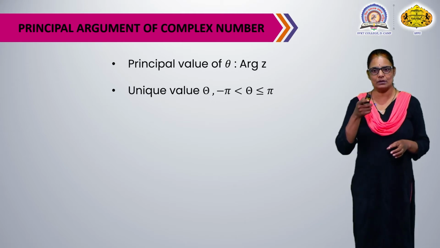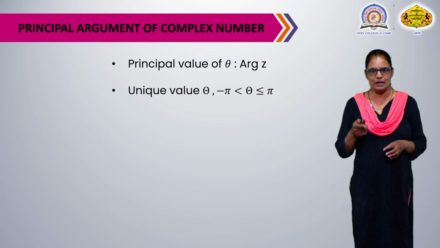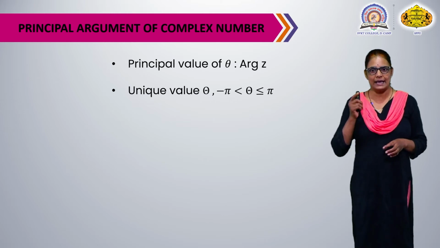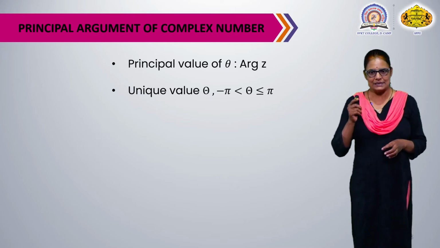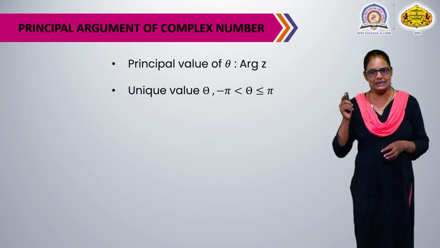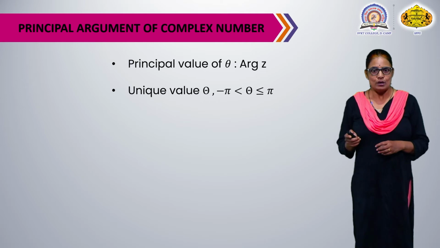This capital Theta is called the principal value of the argument, denoted by the symbol capital A r g z, and it satisfies the inequality minus pi is strictly less than capital Theta is less than or equal to pi.